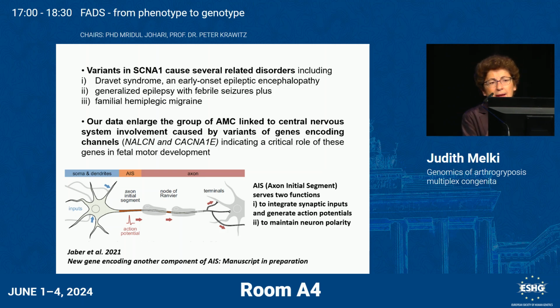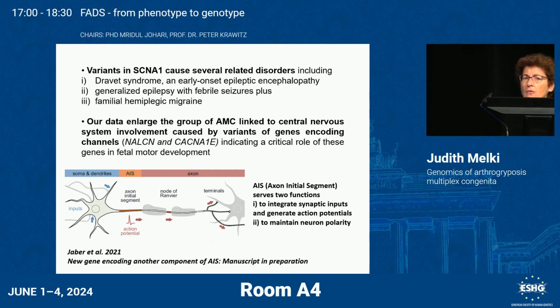So our data enlarge a group of AMC linked to central nervous system involvement caused by variants of genes encoding channels like SCN1A. And this SCN1A is expressed at the axonal initial segment here. This segment is critical to integrate the synaptic input and generate action potential along the axon, and also to maintain neuron polarity.